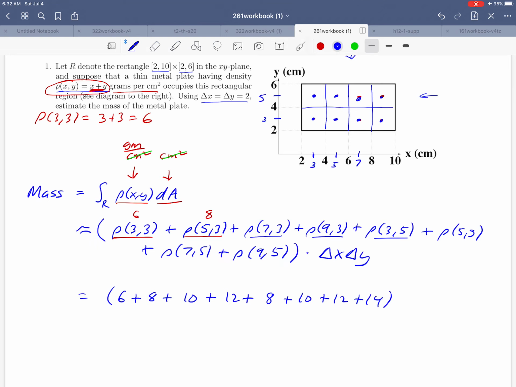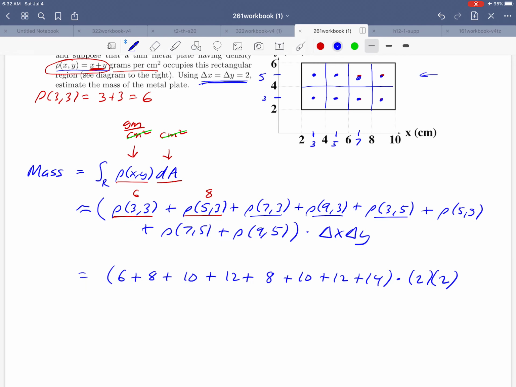Let me double check and make sure that I wrote those out correctly. 12, 14, looking good there. So there's our list of densities, and then we want to multiply by delta x and delta y, and they gave us in the problem that both delta x and delta y are 2.